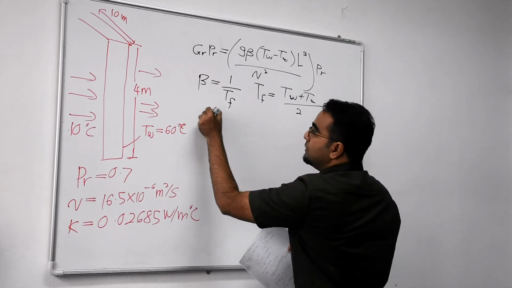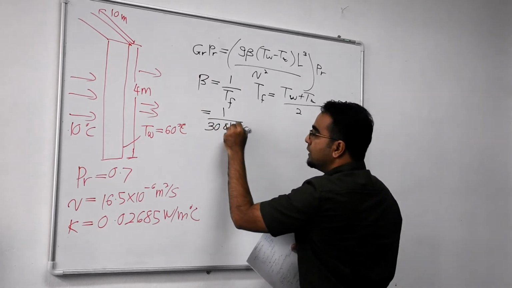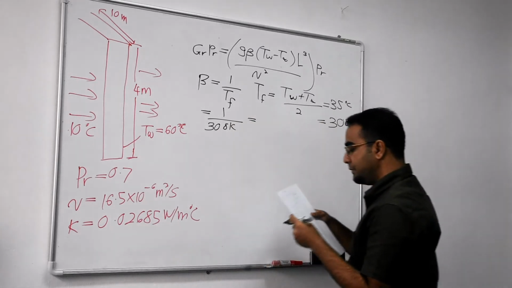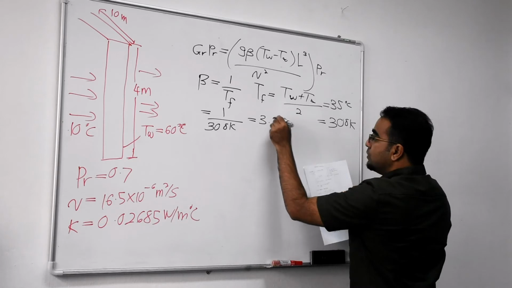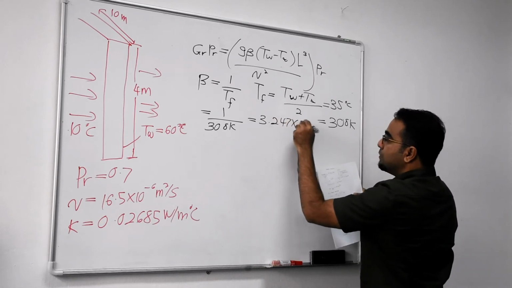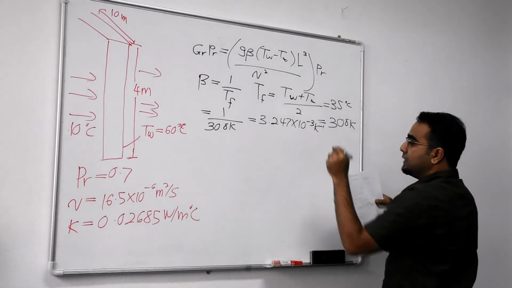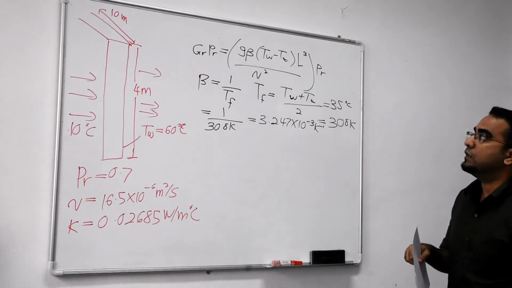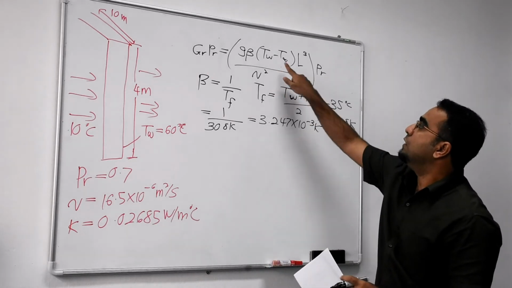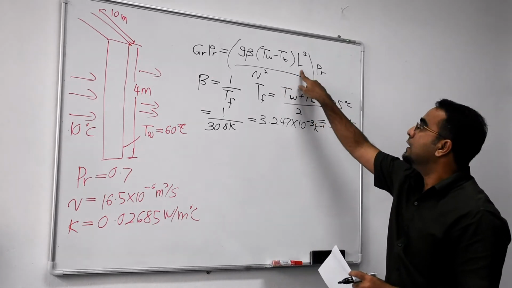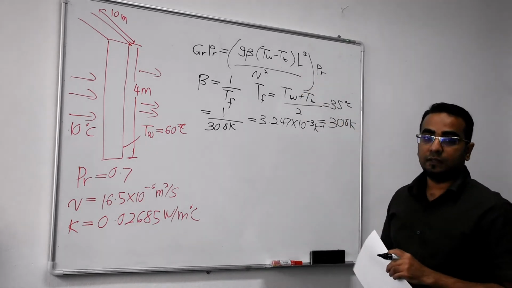Then you can use this equation, 1 over 308 Kelvin, and you get a value of 3.247 times 10 to the power of -3 K^-1. So you have gotten the value of beta. You know the value of T wall, you know the value of T infinity, and L to the power of 3. Now L is your characteristic length.